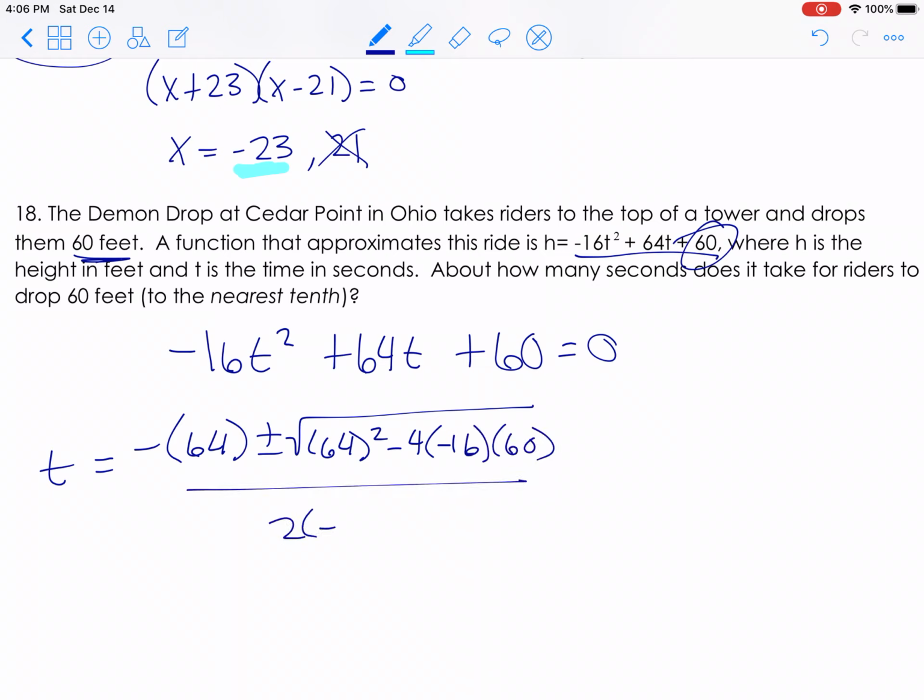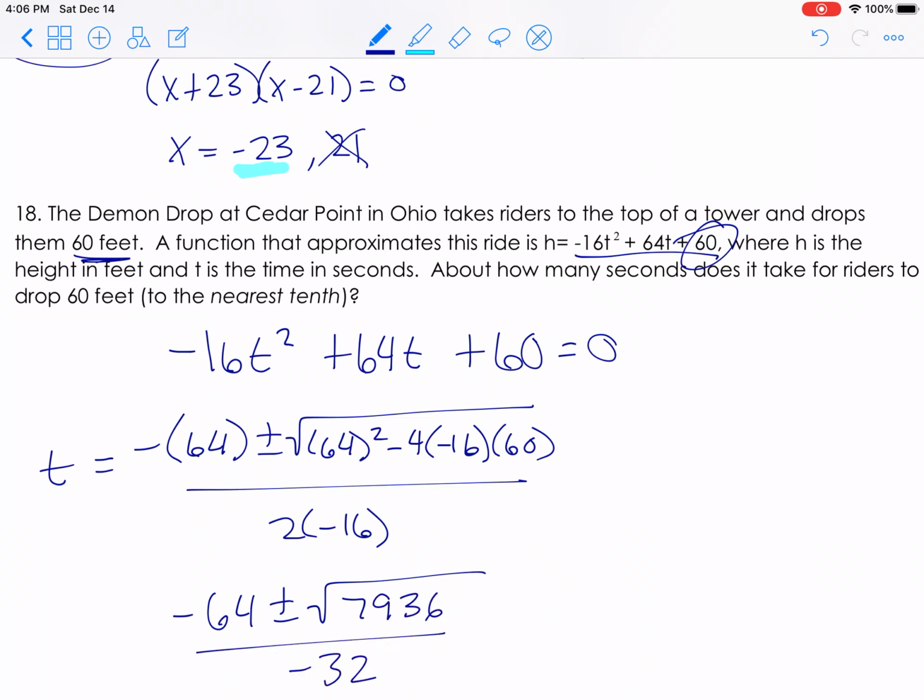all over 2a. Okay, the discriminant is 64 squared minus 4 times -16 times 60. I got 7936. So -64 plus or minus the square root of 7936 all over -32.